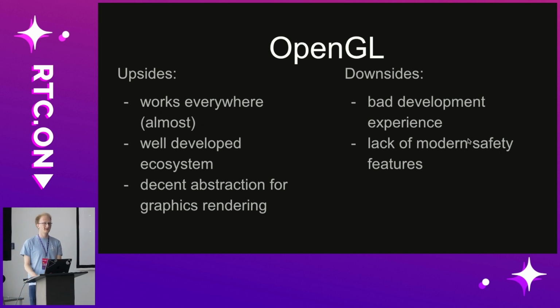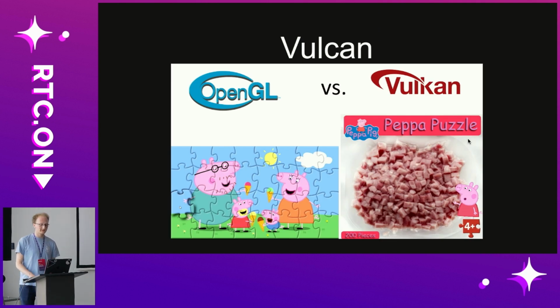You can easily find web developers or game developers out there willing to come to your project if they don't have to work 12 hours a day. And it's basically a decent abstraction for graphical rendering, but we couldn't find a way to decode the video on the GPU with OpenGL. And there comes Vulkan.